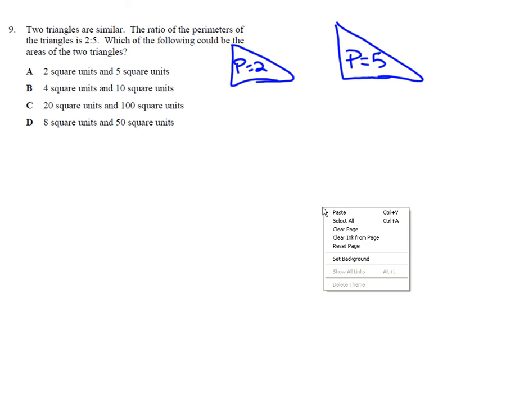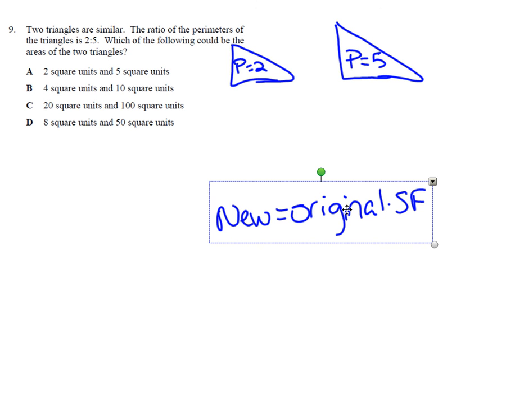So if we have a formula, and since it's perimeter, we can use this one here, right? We have the new shape being how big? 5. The original being 2. So we think, 2 times what number equals 5? Or if you can't think of that, how could you get it? 2.5.